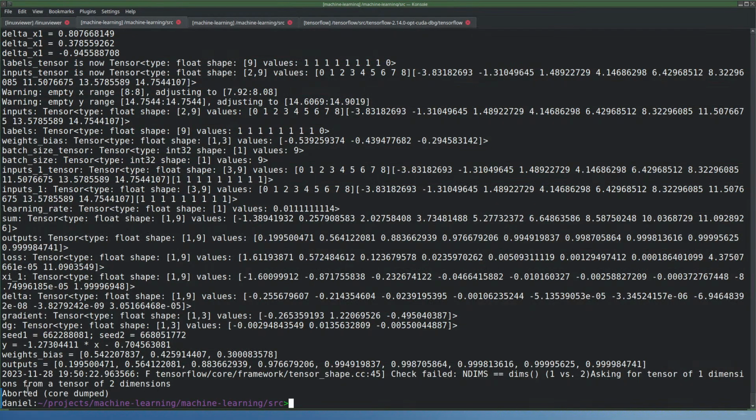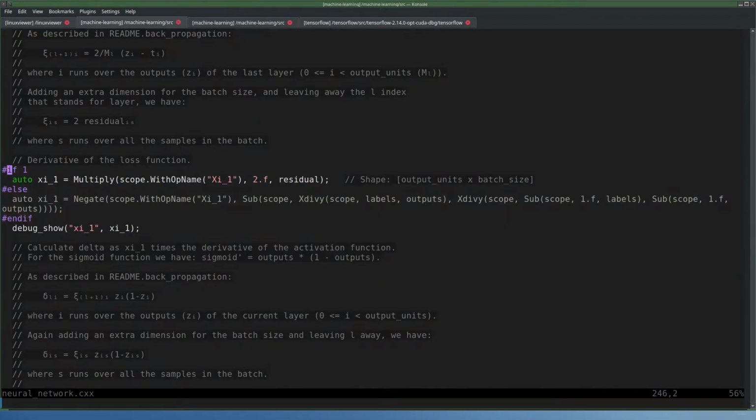This will sort of crash. It still doesn't work, so it was not it. Xi1 still has 2 dimensions here. That's not it then. Then what is it?